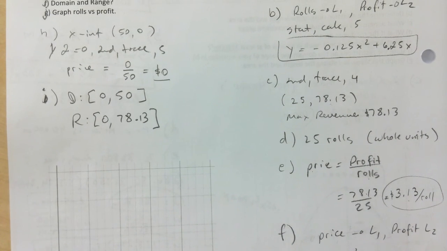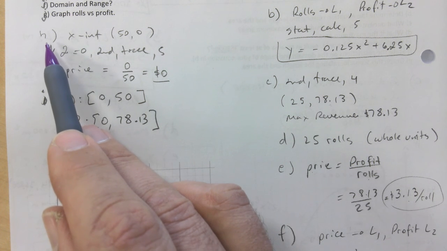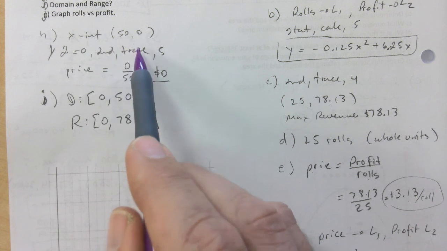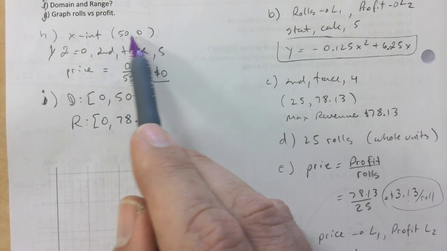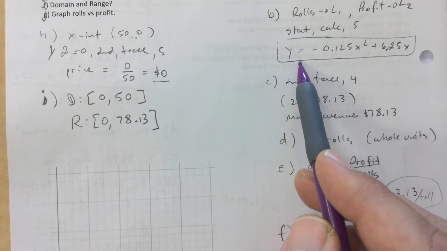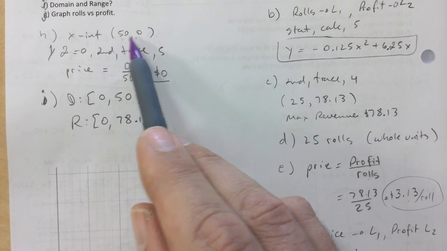And before the buzzer goes here, you can look back at the video, I'll post it. H, what price will result in the company breaking even? Well, if you use this equation, right, you get 50, but that's rolls, right, at 50 rolls.